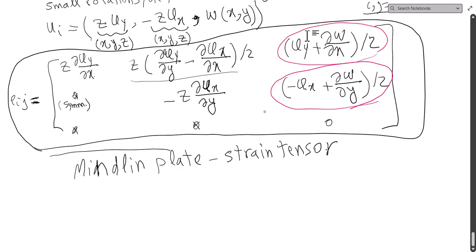If you assume Kirchhoff-Love theory, the perpendicularity of the material line to the midplane is conserved, then these two brackets go to 0. So that's why we say that in Kirchhoff-Love theory, the kinematic assumption, or constraint, that we put on the plate gives us 0 shear strain.